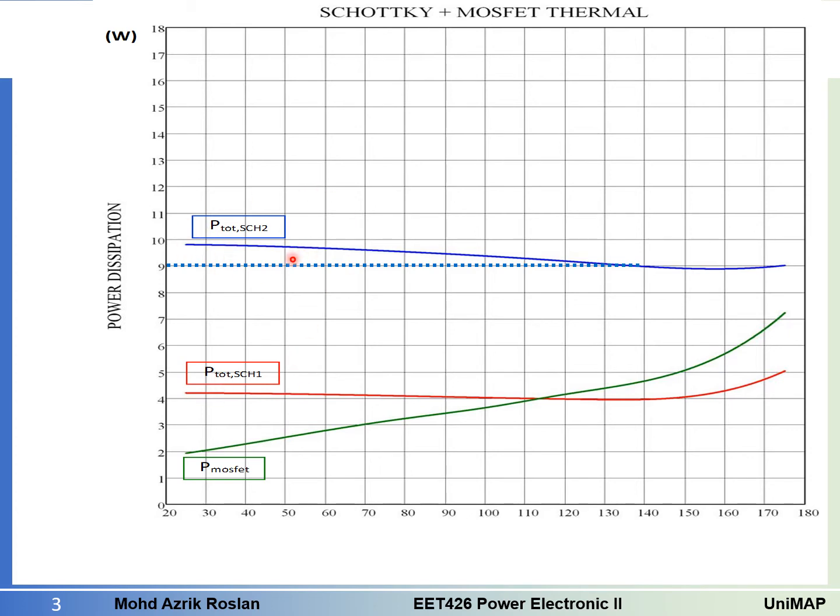In this case we have to find the Schottky 1 boundary temperature. We have to determine the boundary temperature of this component first, because we can see that this component will have the uptrend curve earlier at this point compared to these two curves.